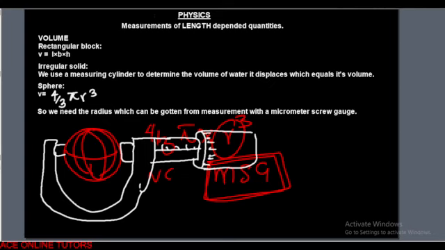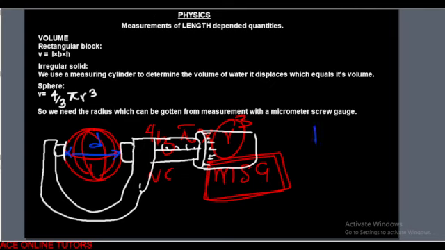What do you notice from here? You are noticing that the micrometer screw gauge is only taking the value from here to here, which is the diameter of the sphere, not the radius of the sphere. So whatever you get from here, you are not using it directly. You have to convert it to the radius.